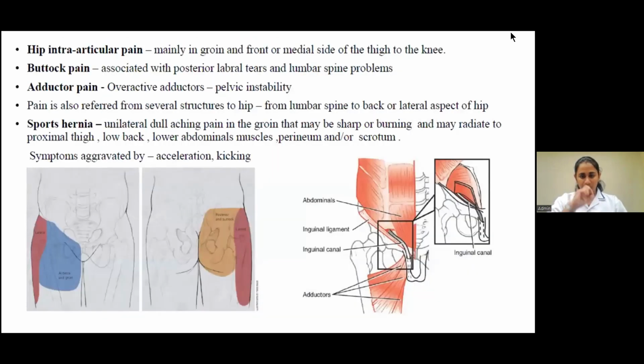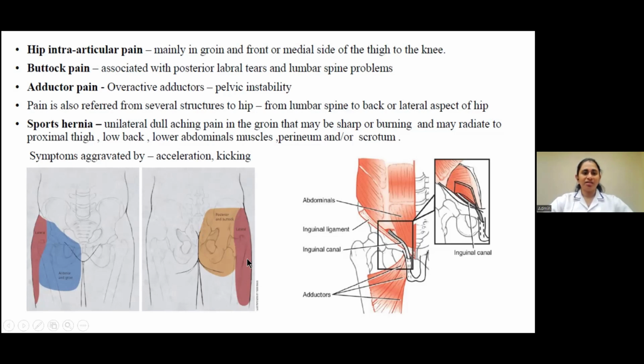So again, once you see here in the pictures, this shows the referred pain. If there is involvement of the hip intra-articular pain, it is going to be mostly in the groin, the anterior part of the hip.